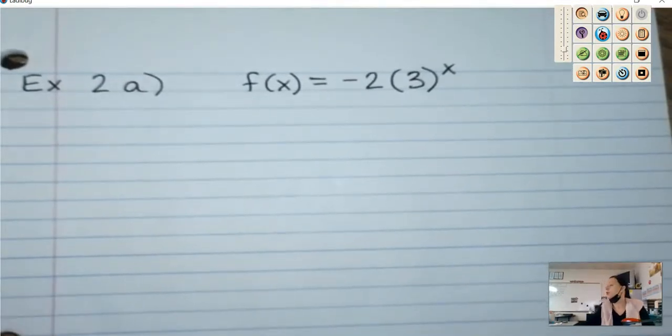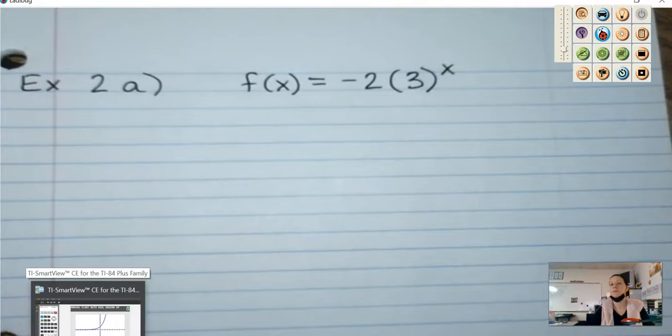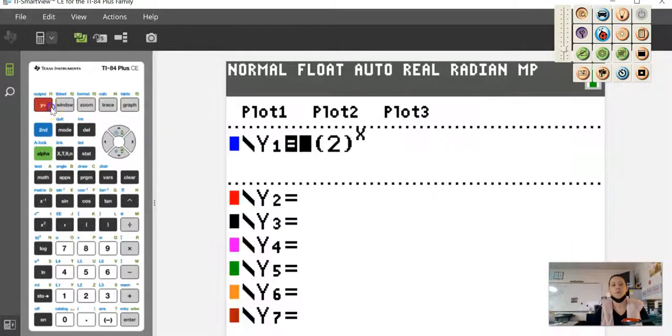Okay, go into your graphing calculator. f of x means just y. So -2 parentheses 3, then your caret key to the x power.